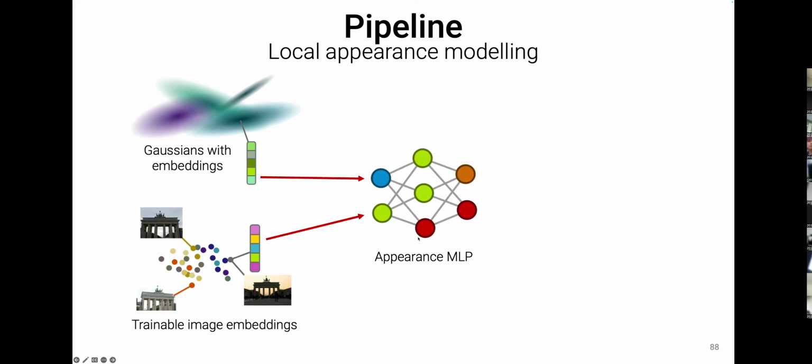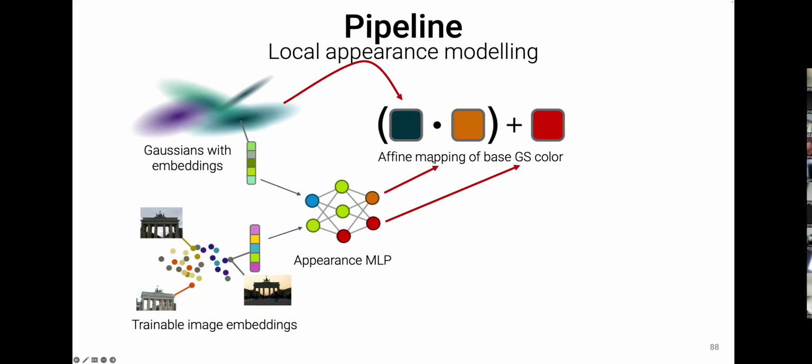And we use a tiny MLP. We take these 2 features as input, and then we try to produce an affine mapping of the base colors to basically apply this affine color transformation.